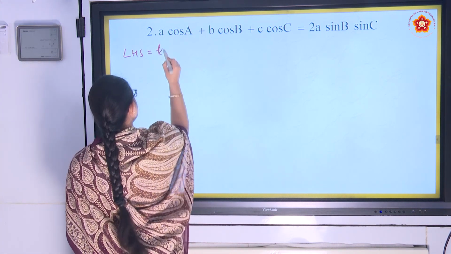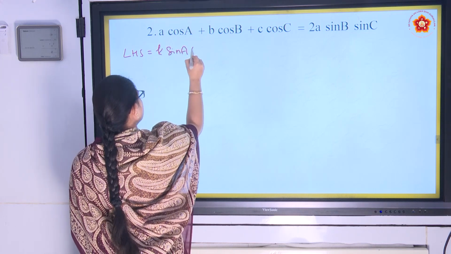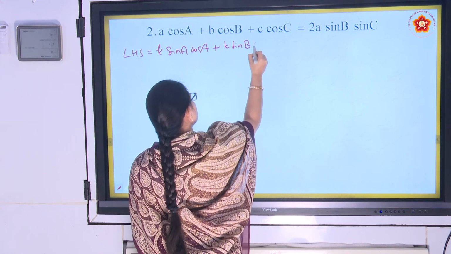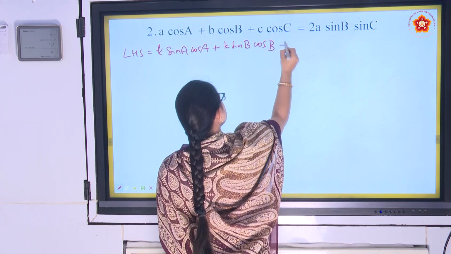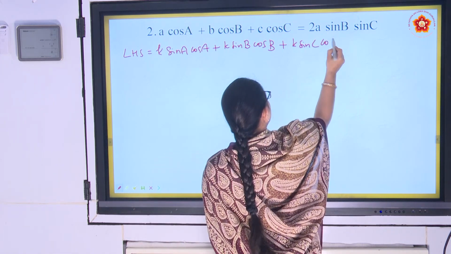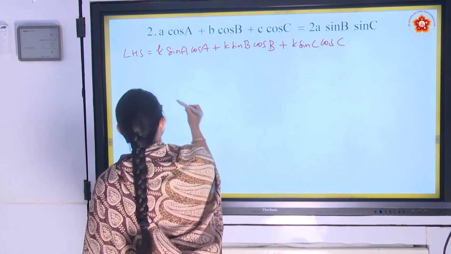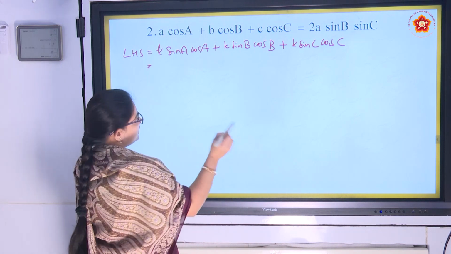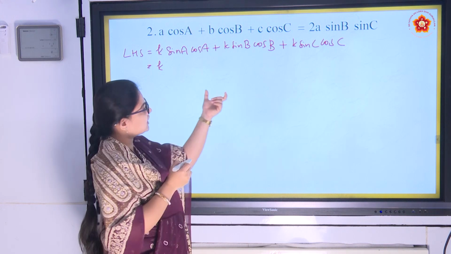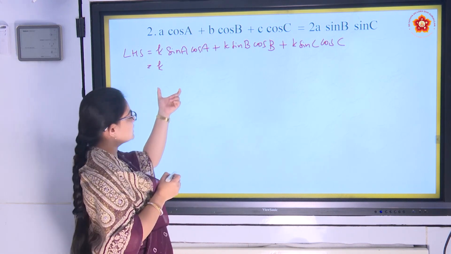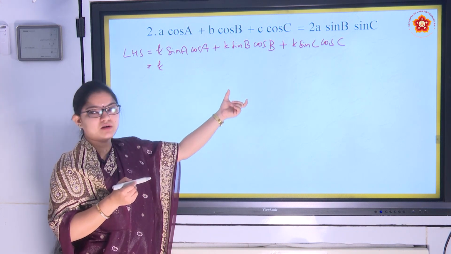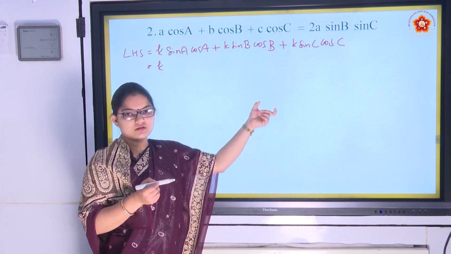So here a is k sin A and cos A as it is, plus k sin B into cos B as it is, plus k sin C into cos C as it is. Now I can take k outside from all the terms, and what is remaining? First term sin A cos A, second term sin B cos B, and in the third term sin C cos C.